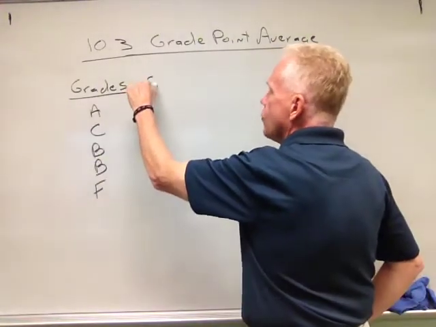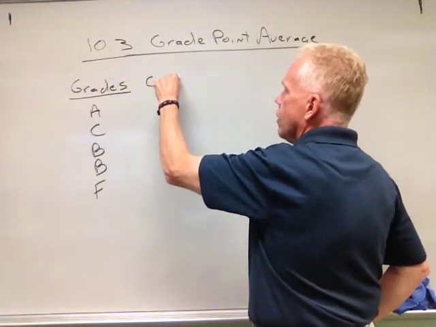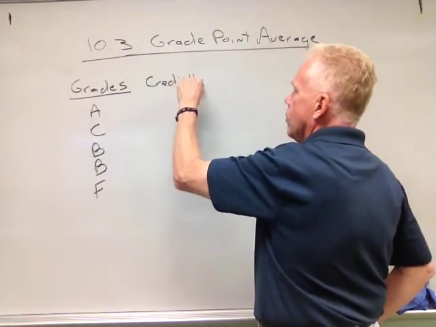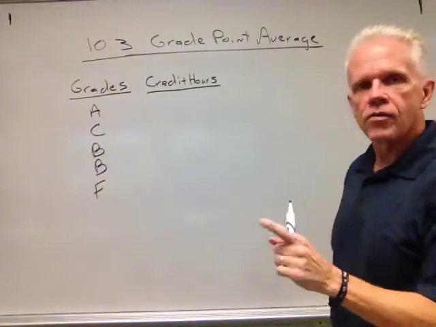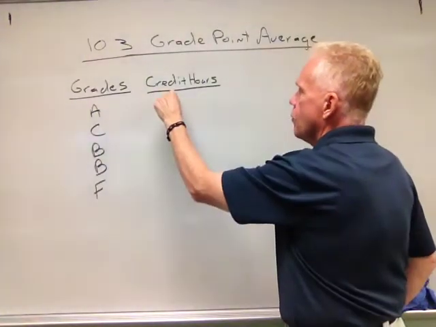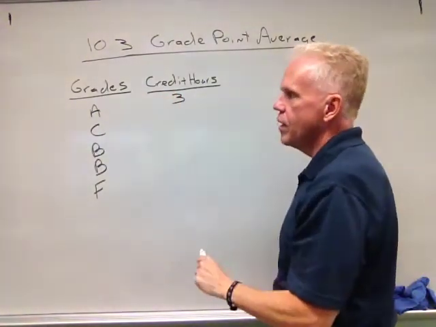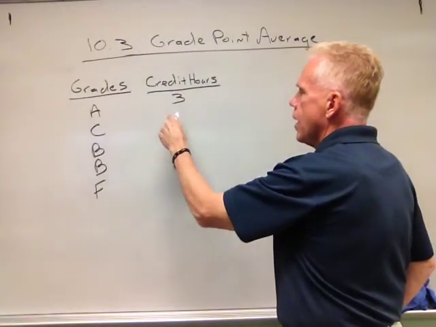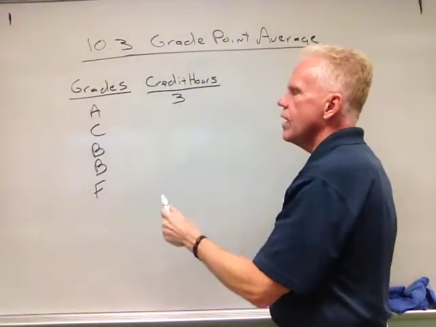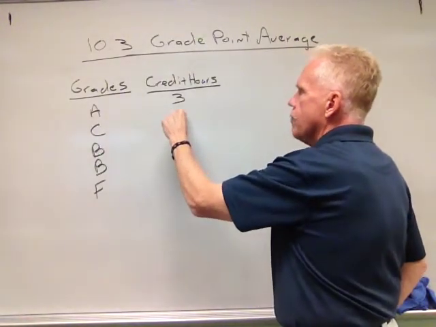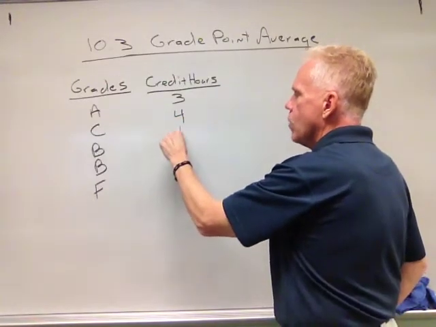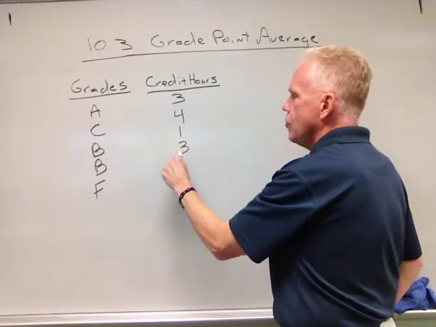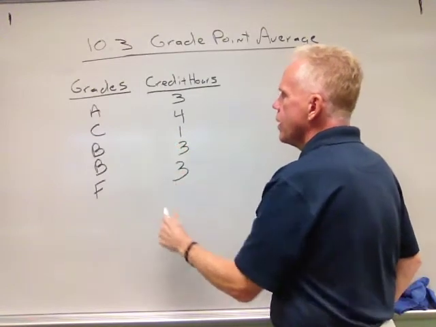The credit hours for each class. Let's suppose that class you made an A in was a 3 credit hour class. The class you made a C in was a 4 credit hour class. The B, maybe that was a 1 credit hour class, and then these two were both 3 credit hour classes.